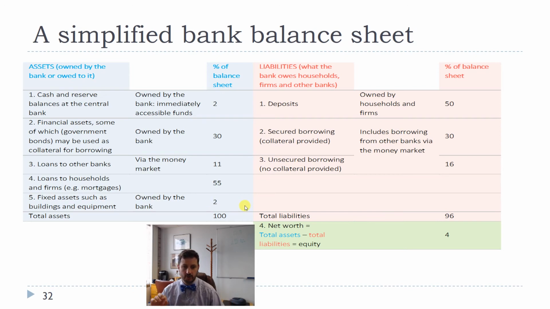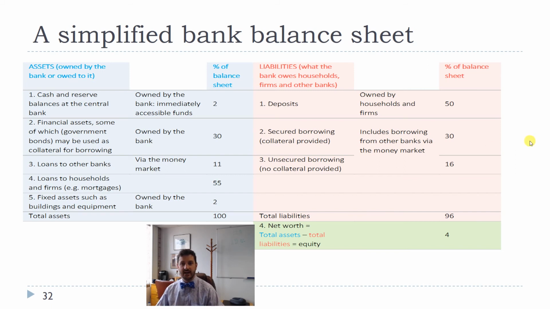Now, I should say that in the United States, banks have to keep about 10% of their deposits in reserve, whereas in Europe, the requirement is much lower. So that would be a higher number in the United States. That said, they have less capital, right? So one of the roles of central banks is to organize and agree on similar requirements for big banks so that they can compete on similar levels.